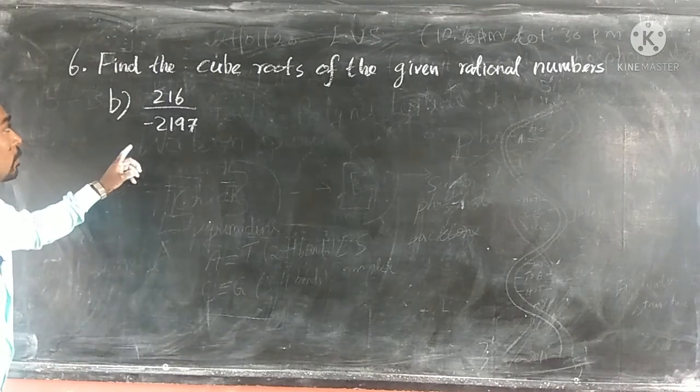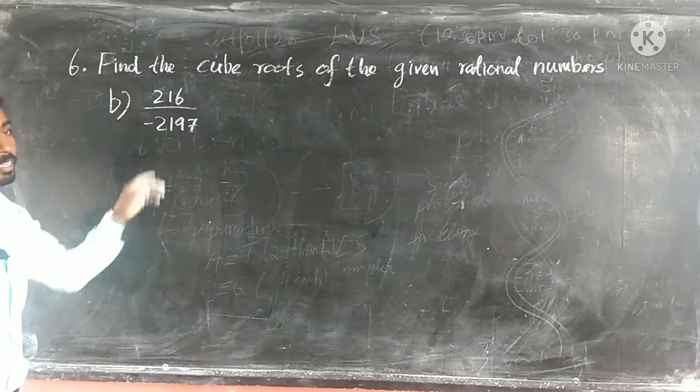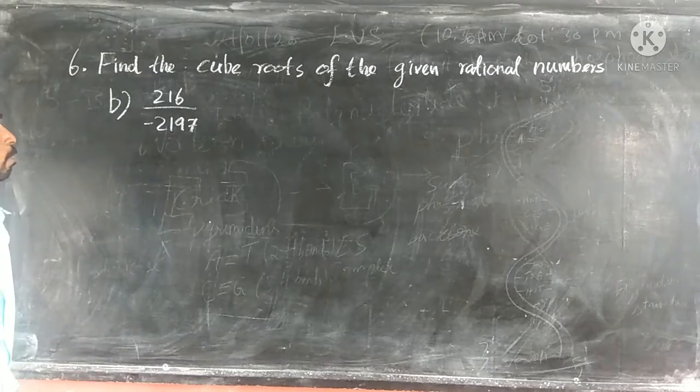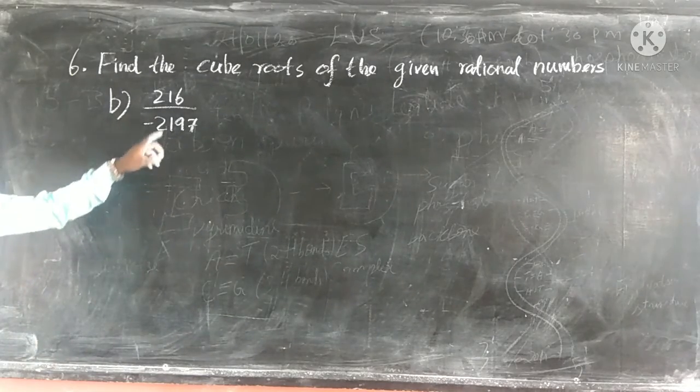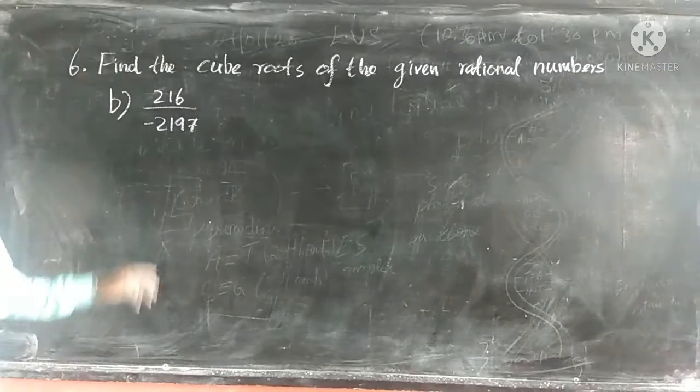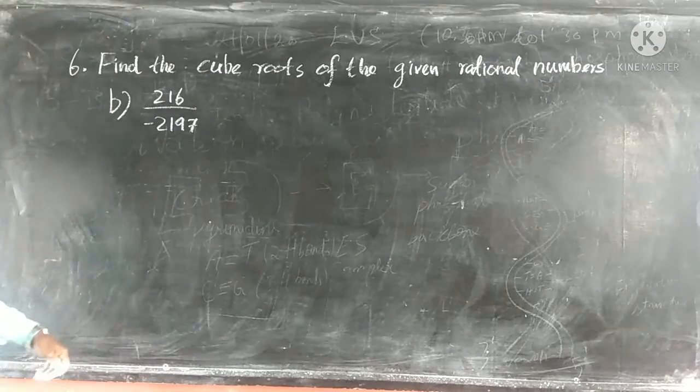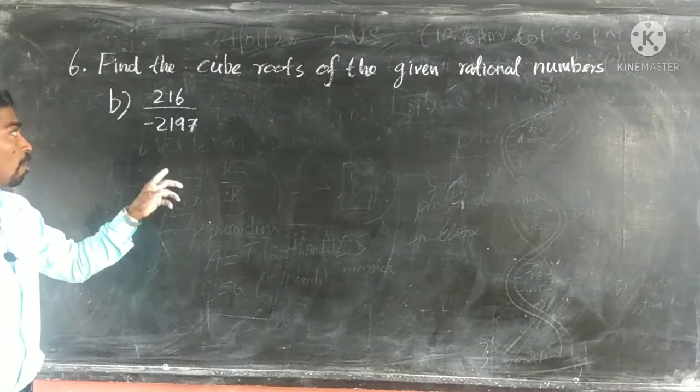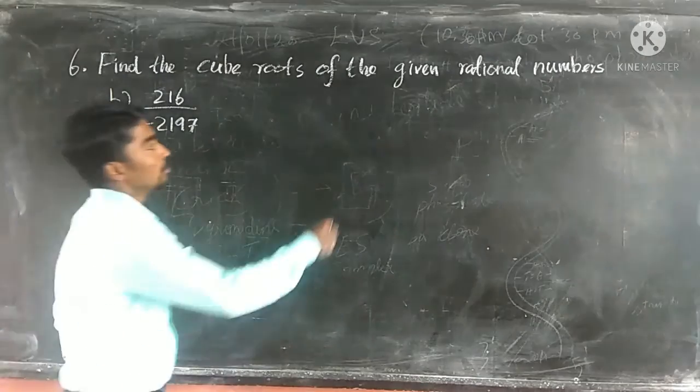Next subdivision, 216 divided by minus 2197. Here we are going to find the cube root of this rational number. To find the cube root of this rational number, we find the factorization of this rational number first.